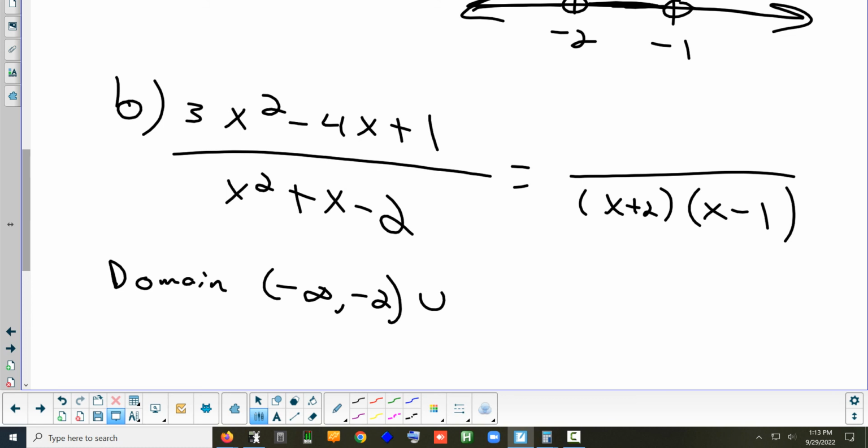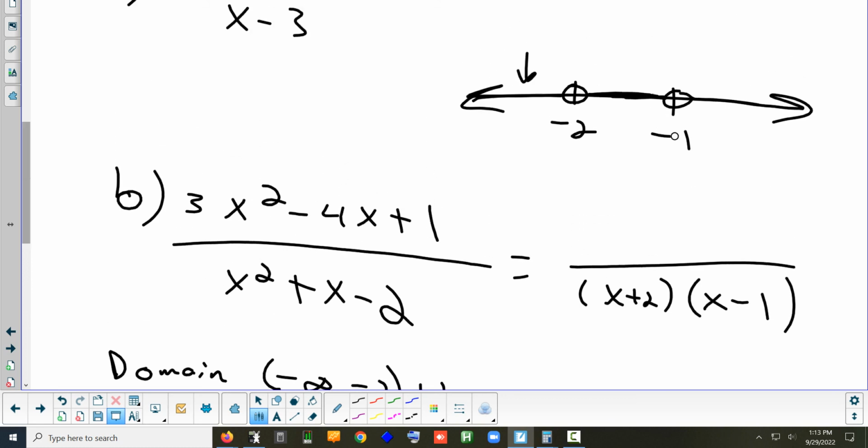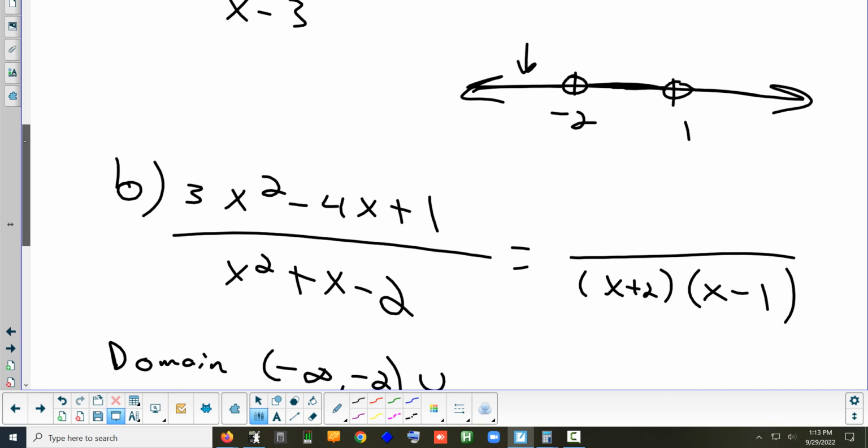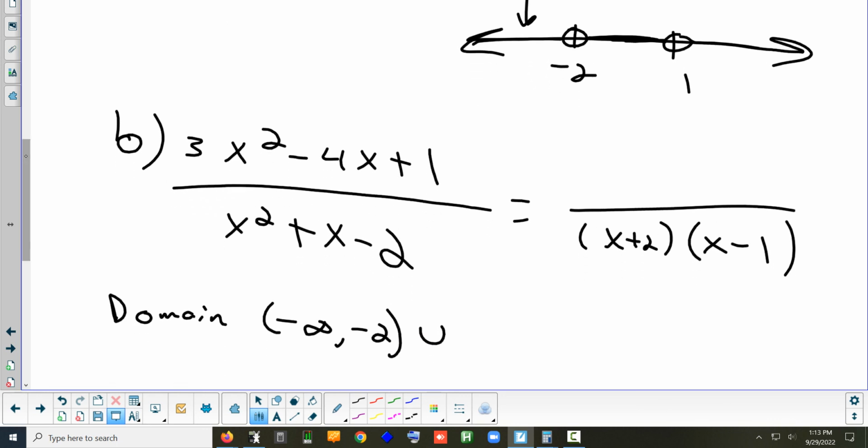Is it on the number line that you have, it's -2 and -1? Did I put -2? Yeah, +1. Thank you. How would we describe that middle part, which we would have got messed up on if I hadn't fixed that? -2 to 1. Or, how would we describe the right part? 1 to infinity.